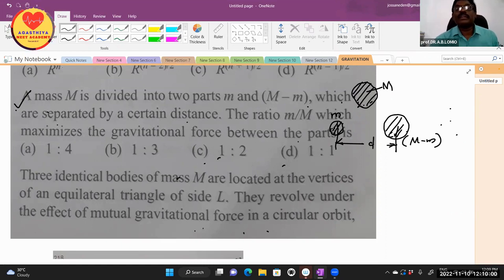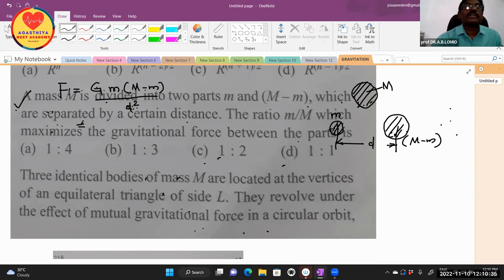First, let us calculate the force between the two masses. Let us write the governing equation first. As per the law of gravitation, force equals capital G, one mass small m, another mass capital M minus small m, divided by the distance between the two masses, d squared or r squared, whatever it may be.